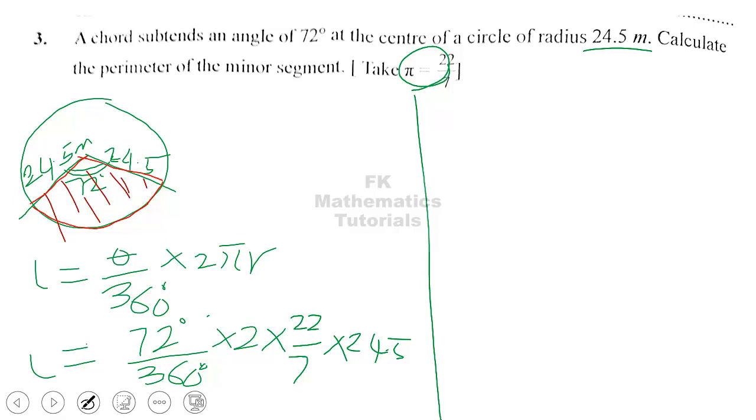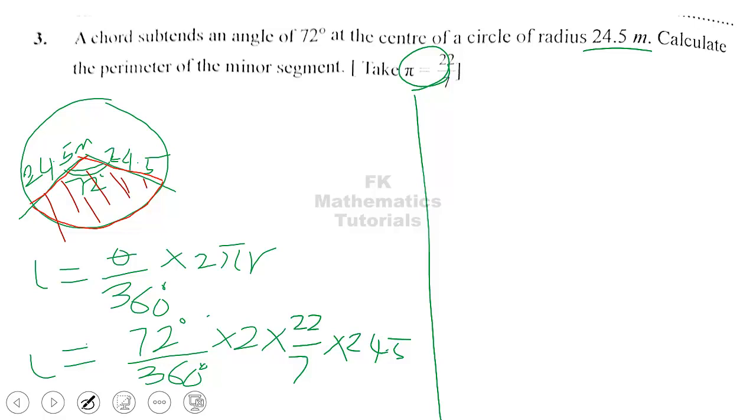So let's see how we simplify this. 2 times 24.5 will be 49, and 7 can divide 49. Then 72 over 360 is 1 over 5.